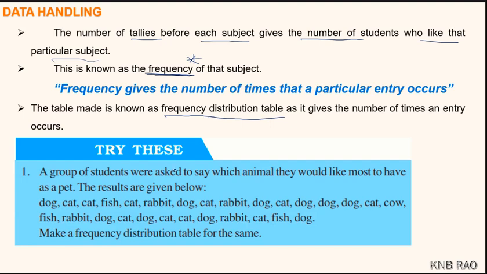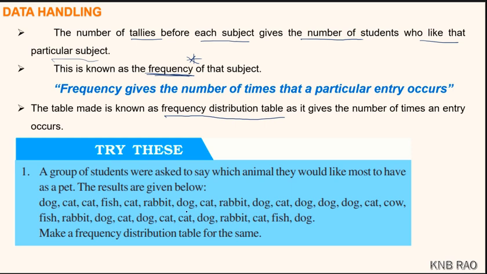A group of students were asked to say which animal they would like most to have as a pet. The results are given below. Some mentioned dog and some mentioned cat, and others felt like fish as their favorite pet animal, rabbit, and so on. Now, let us go for making a frequency distribution table for this raw data.